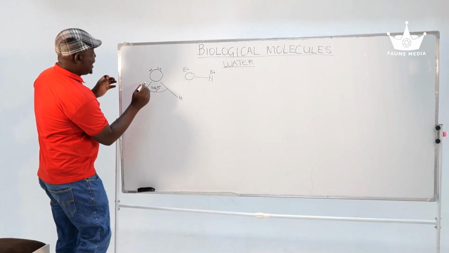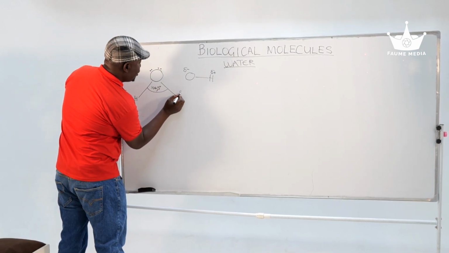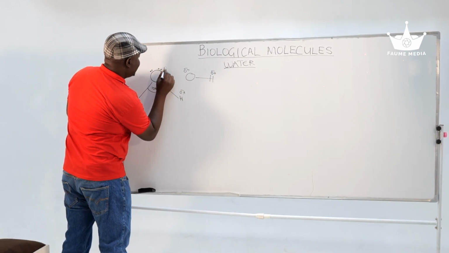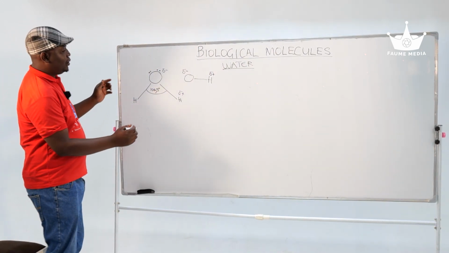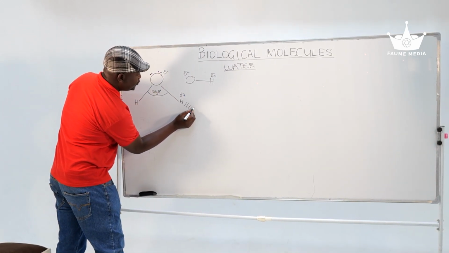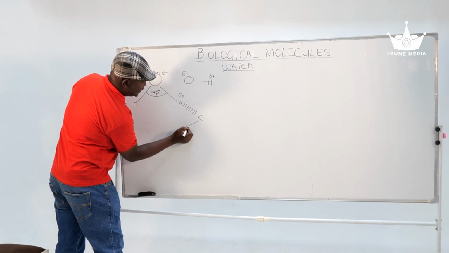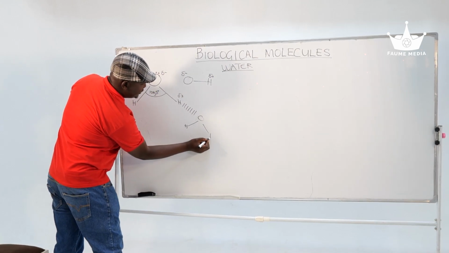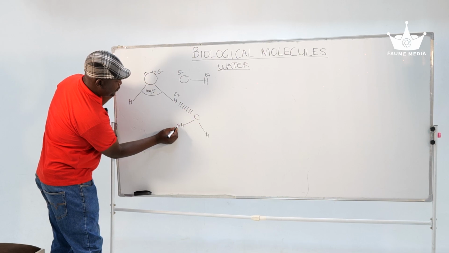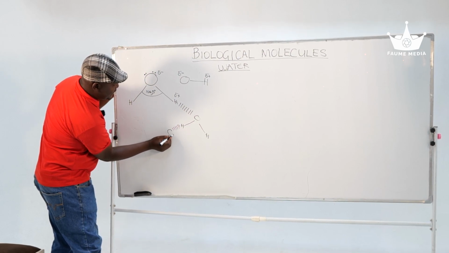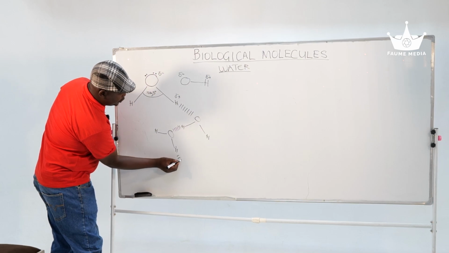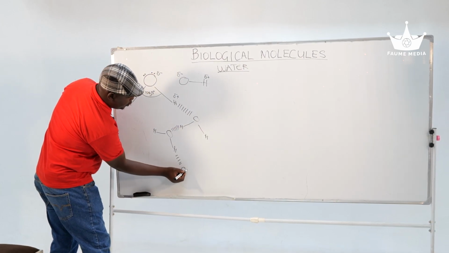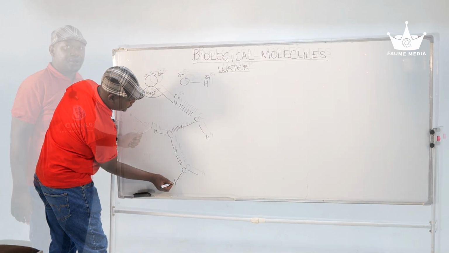So since water is a polar molecule, what it means is that if I have another adjacent water molecule, there's going to be formation of a hydrogen bond, right? As you can see from the diagrammatic illustrations I'm giving to you right now, you can actually see the water molecules.